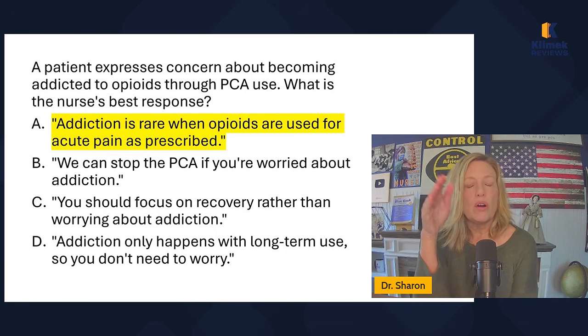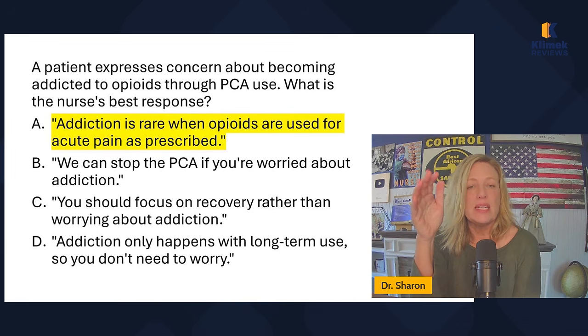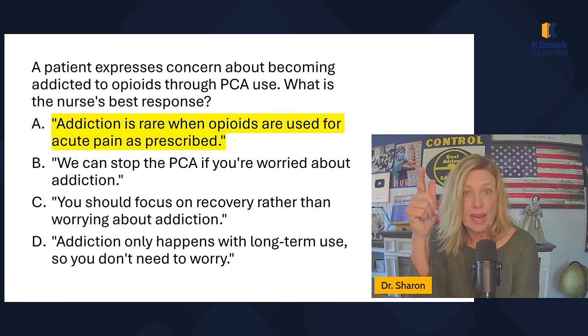Now, I'm going to go away from testing here for just a second. Y'all, in real life, opioid addiction is a serious problem. It is much less likely with a PCA for short-term acute pain. It is unlikely to happen, but it could happen. And I'll tell you what I would do in real life. I would say, tell me more about why you're concerned about that.